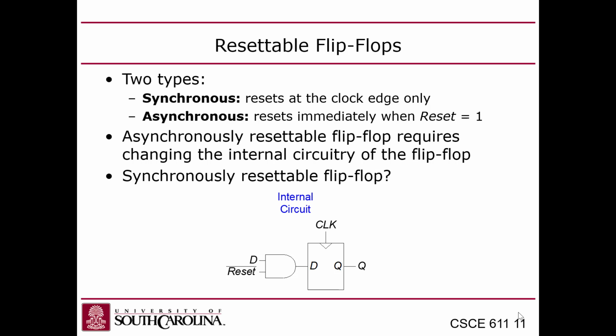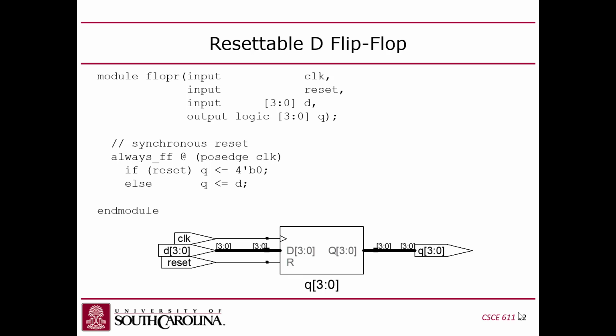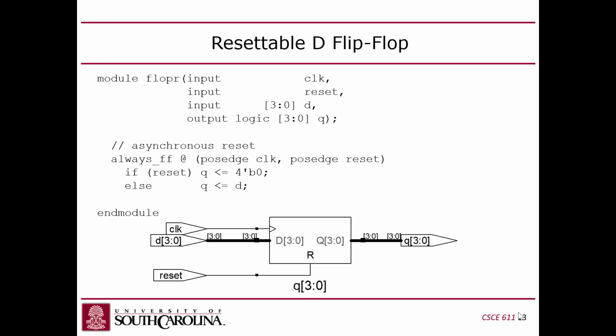In Verilog, it's a little bit more typing though, because if you have a synchronous reset, you don't have to put the reset in the sensitivity list. Only the clock is in the sensitivity list. But to get an asynchronous reset behavior, you have to make sure that the always block triggers whenever the reset goes from 0 to 1, so posedge reset.